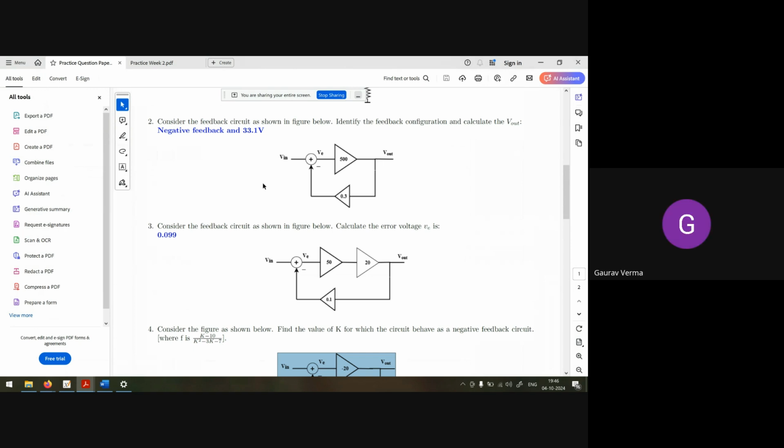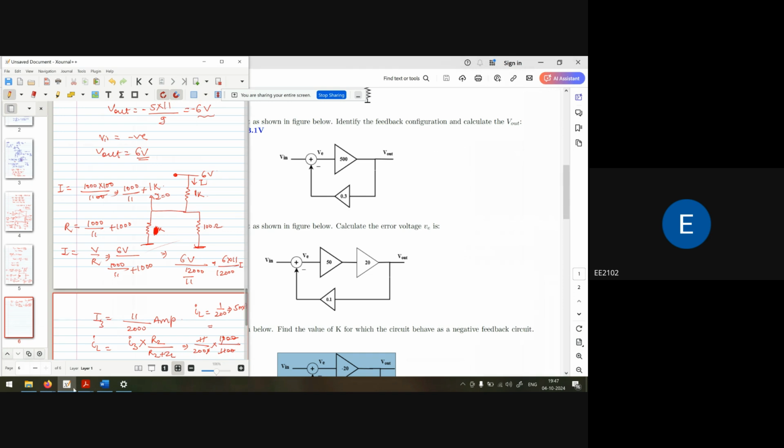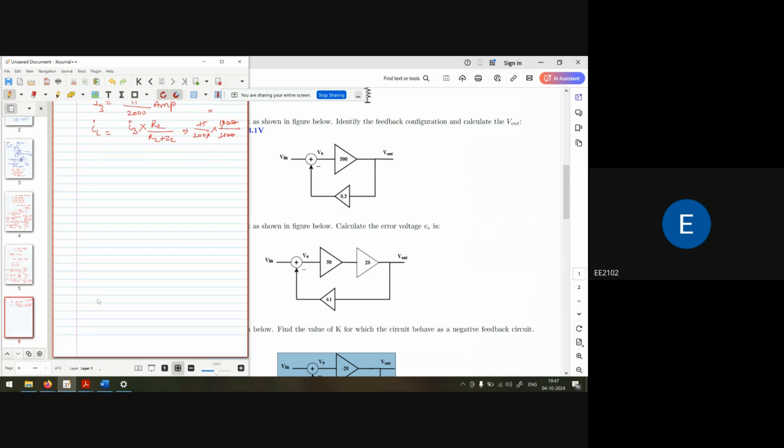So basically, what we do here for the negative feedback is that my output V out is equal to V in times A upon 1 plus AF. The value of A is 500. The value of F is 0.3. But this formula is applicable only for the negative feedback.